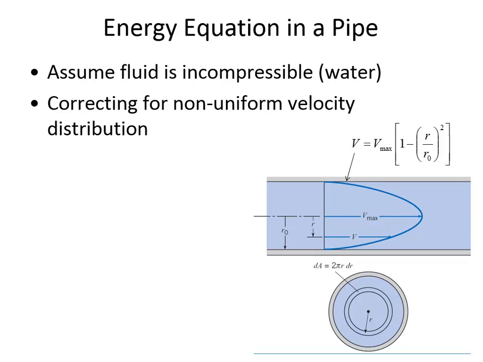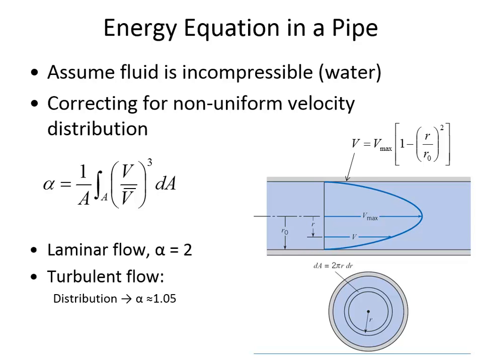All right, so here's how you calculate the alpha. If you know the ratio of the average velocity to the velocity at a point, and you integrate over the cross-sectional area, the incremental cross-sectional area, and so dA is simply the circumference, and there's some incremental area as you step through increasingly large rings of the diameter of the pipe.